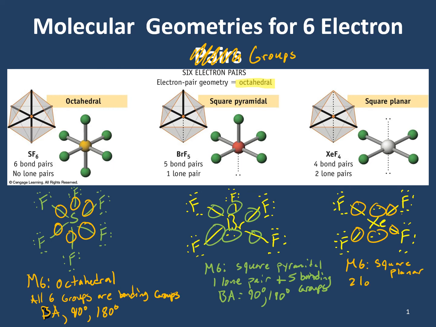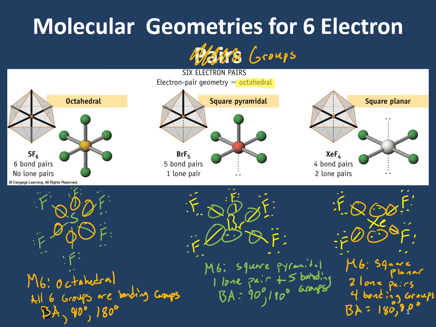So 2 lone pairs and 4 bonding groups. Bond angle wise, this is still going to be 180 and 90 degrees. So that's all of the different geometries.